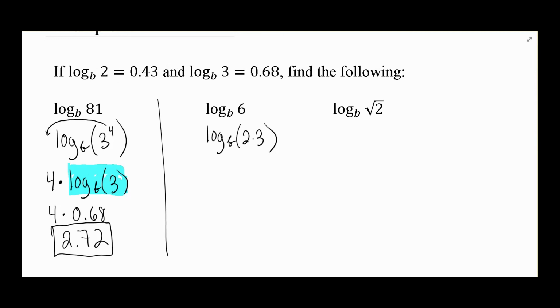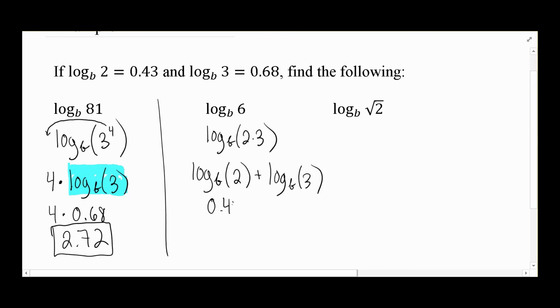I have log base b of 2 times 3. So I need to use a property of logs to rewrite this as log base b of 2 plus log base b of 3. Now I can do a substitution. Log base b of 2 is 0.43. Log base b of 3 is 0.68.